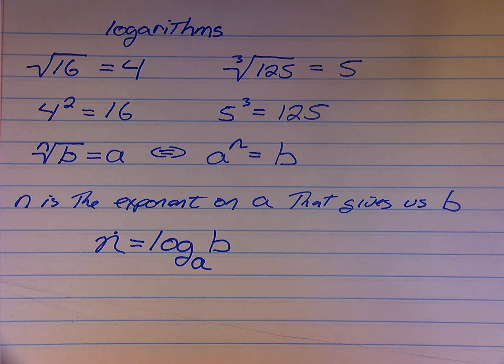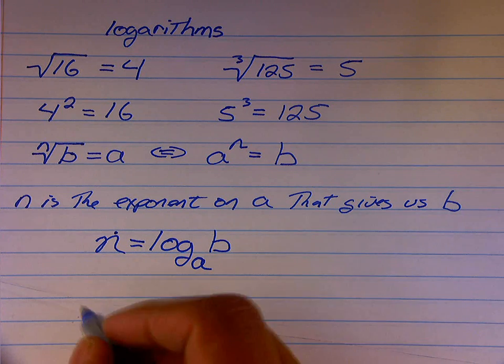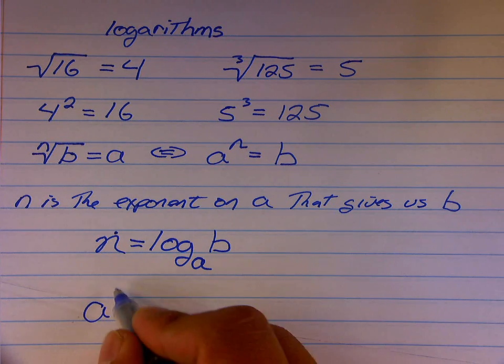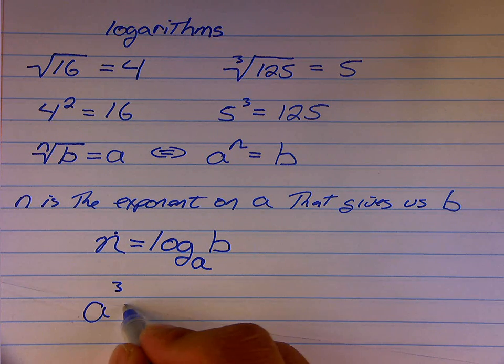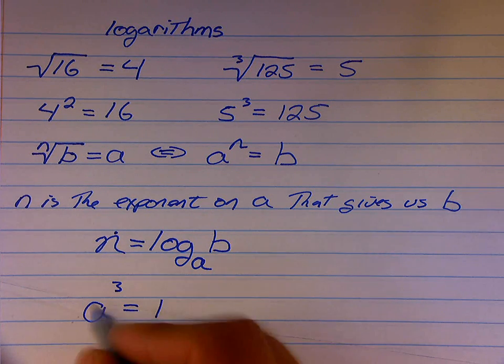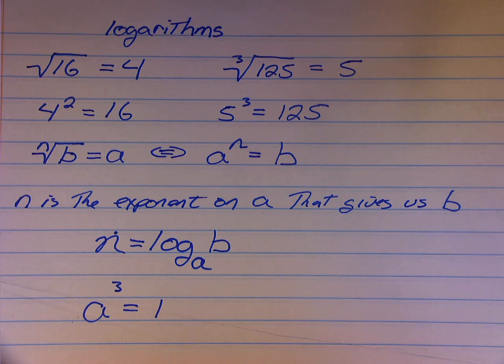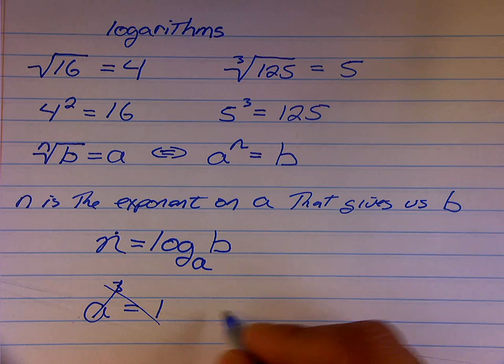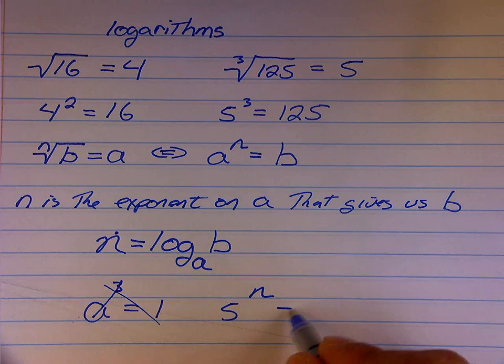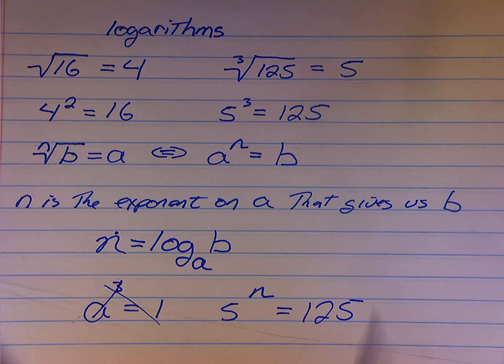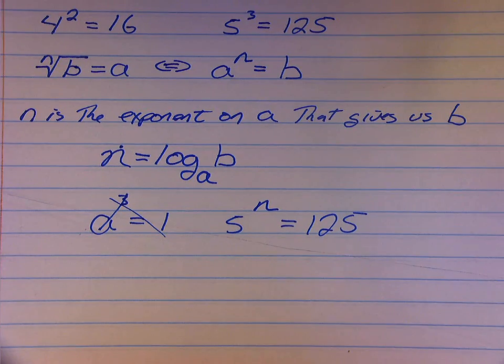So, let's take a look at this. If I want to go from a cubed equals, well, let's not do it that way. Hang on a second. I want to go to n. So let's go with 5 to the n equals 125, one of our statements up above.